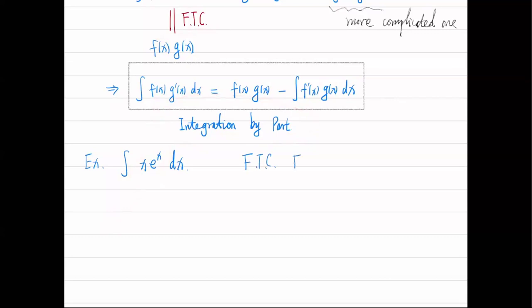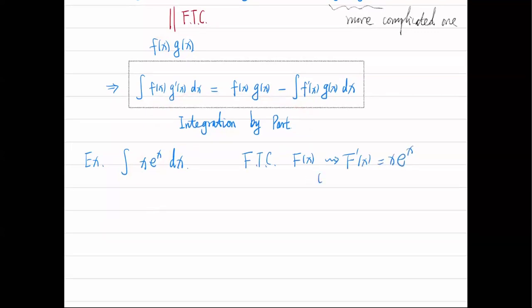We need to find a function whose derivative is, it's not easy. It's not on our list. We have sine, cosine, exponential, power, but we don't have this one.